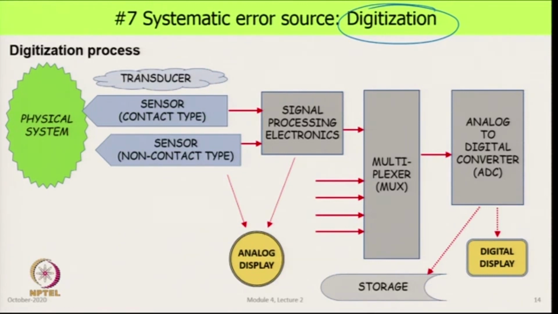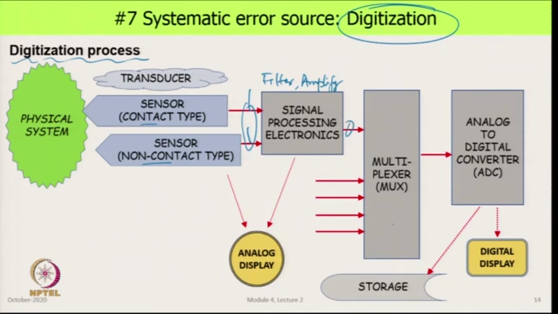This picture has been taken from an earlier lecture, which depicts the digitization process. Very quickly, we have a physical system from which we have a sensor, which could be contact or non-contact type. It generates an analog signal, and this signal goes into processing electronics, where it might be filtered and or amplified, and again comes out as an analog signal.